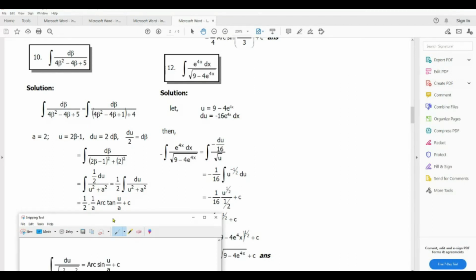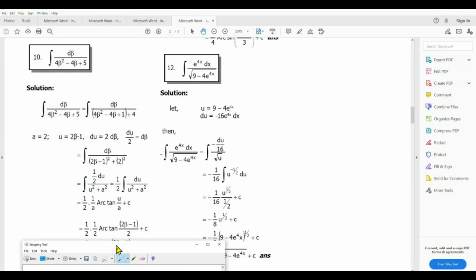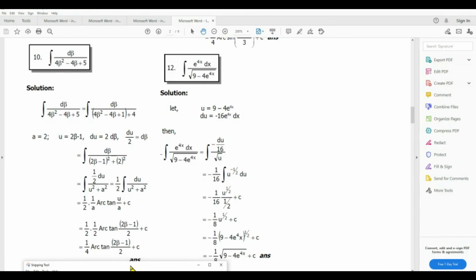Or 1 half, substitute a. So 1 half times 1 over a is 1 half times 1 half arctan of quantity 2 beta minus 1, which is u, then divided by 2, plus c. Simplify: 1/4 arctan of (2 beta minus 1) over 2 plus c. Okay?